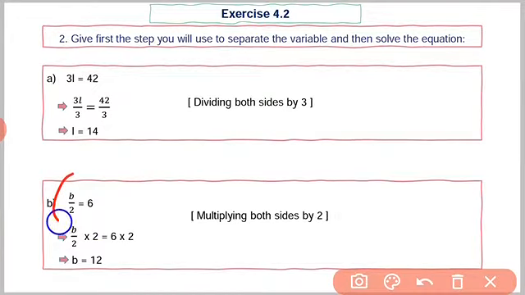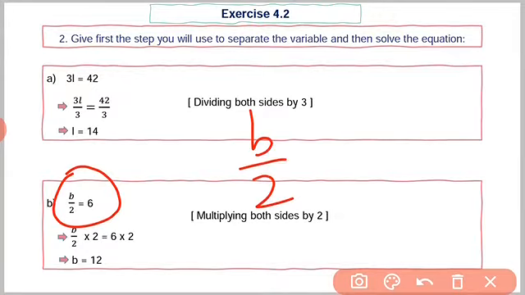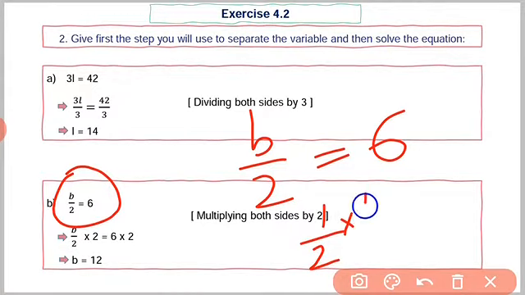Similarly, in the question number 2, B part, equation is B divided by 2 is equal to 6. So with B, 2 is in the denominator, that is, it can be understood as half into B is equal to 6. So with B there is 2 in the denominator.